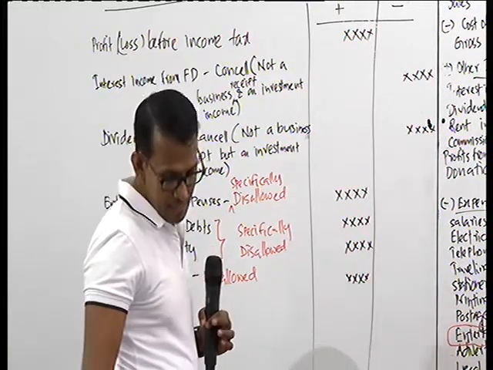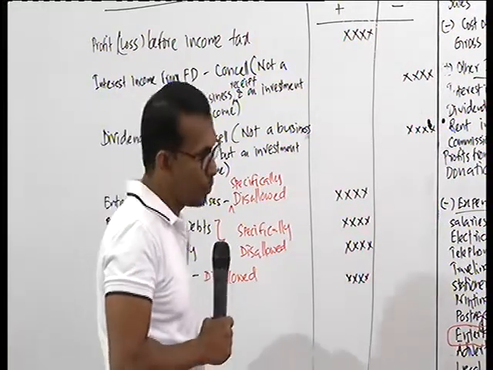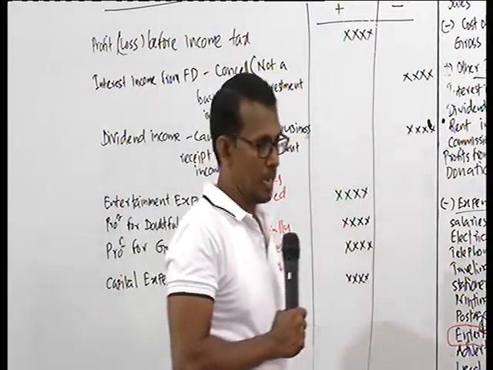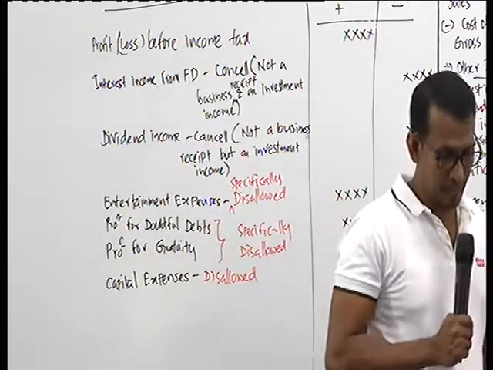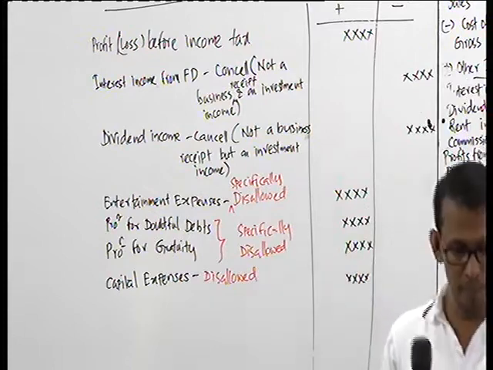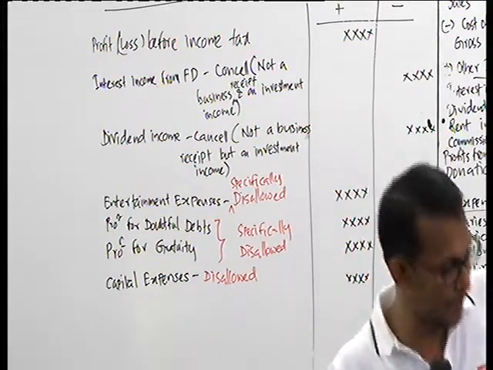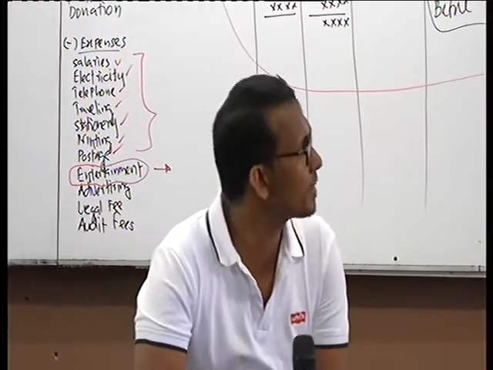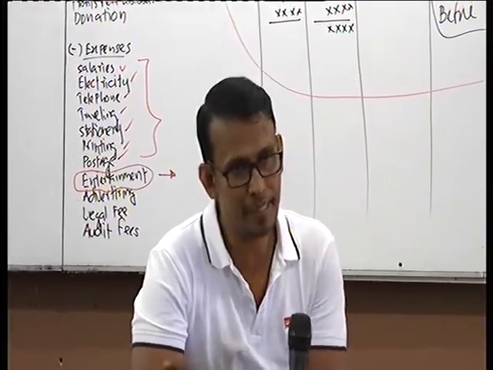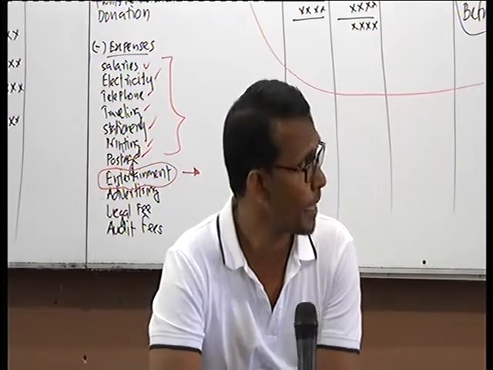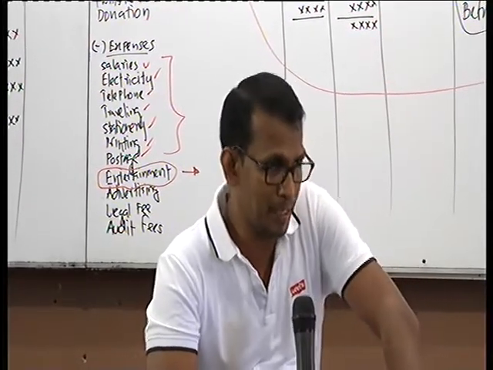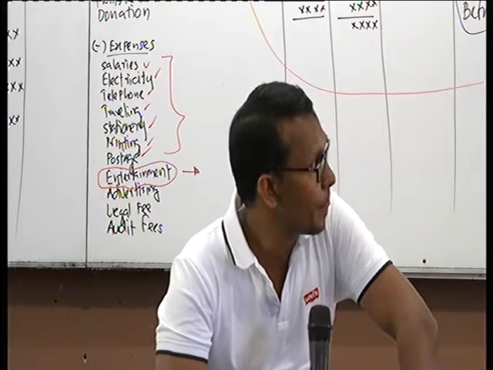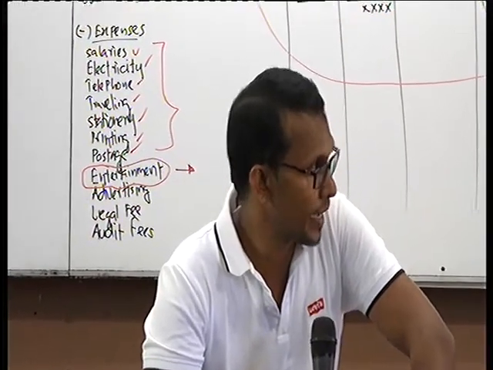And further, in accounting you make certain payments. Remember, all the payments you make cannot be considered as expenditure. Why am I saying so? Because sometimes you make a payment to acquire an asset.